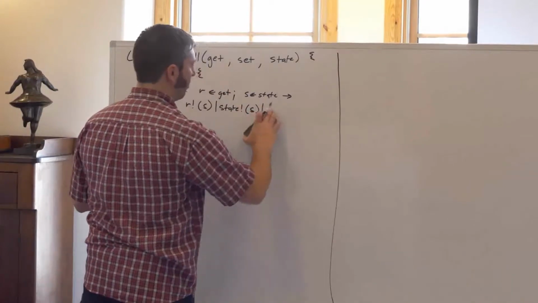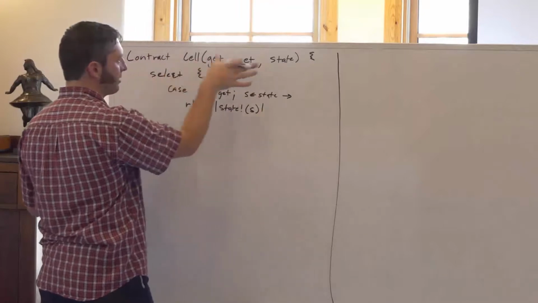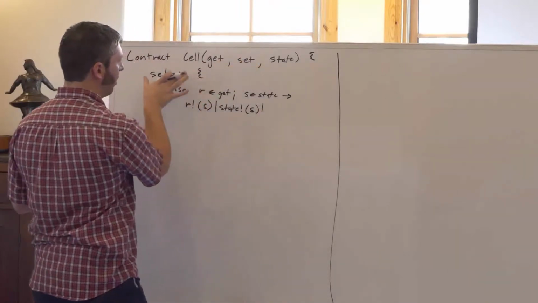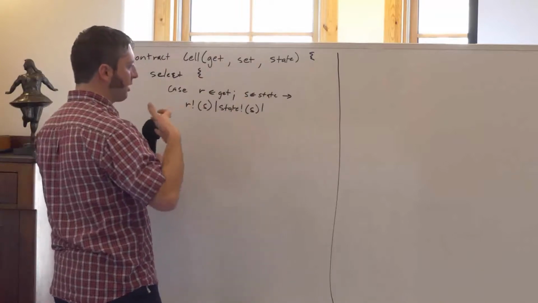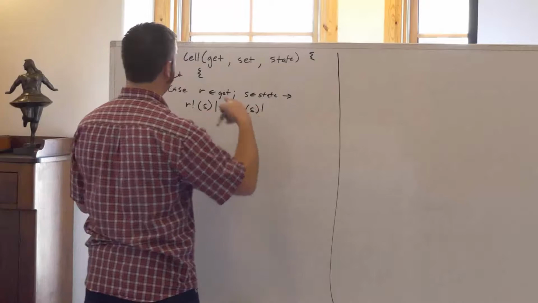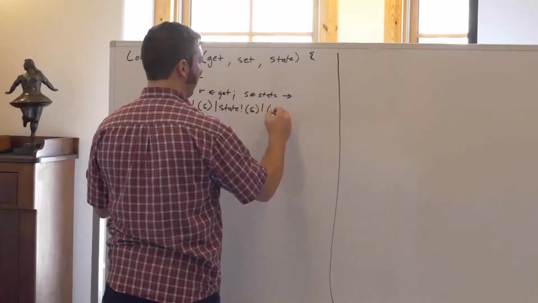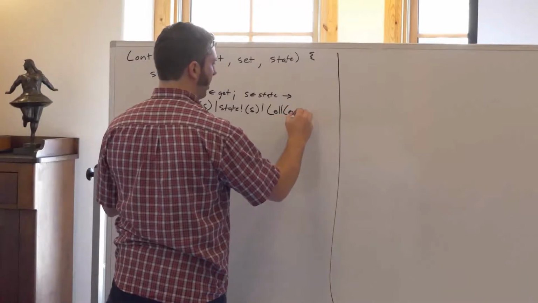And we're also going to rerun the cell. This cell is a process, and if we don't rerun it, it's basically a single-use cell, and we want a multi-use cell. So in order to do that, we invoke the same contract with the same channel arguments.